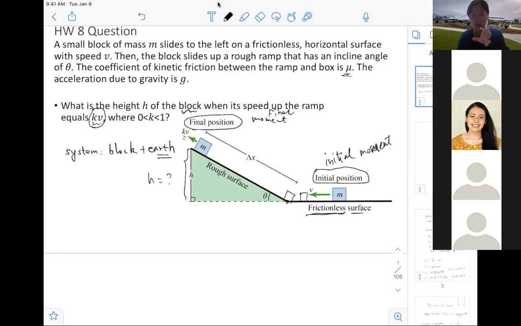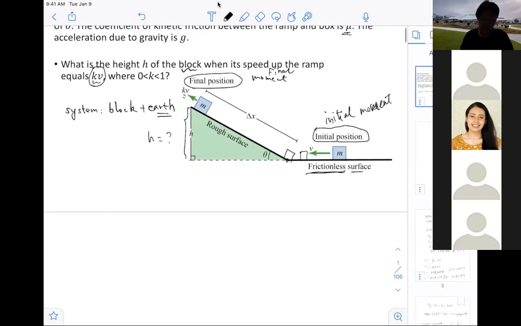It's not completely stopped yet. We're not reaching the highest point. We're just reaching the point where the speed is k times v. So that's what we're trying to do. Okay, so that being said, let's try to label and figure out all these quantities, E final and E initial.